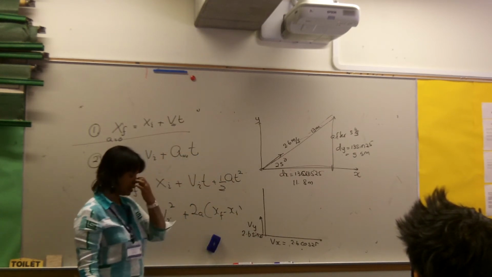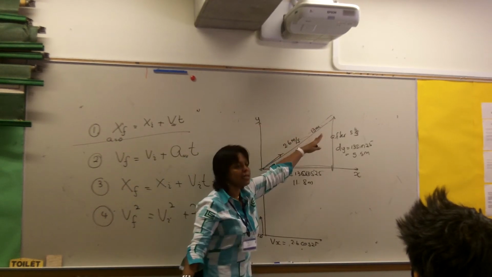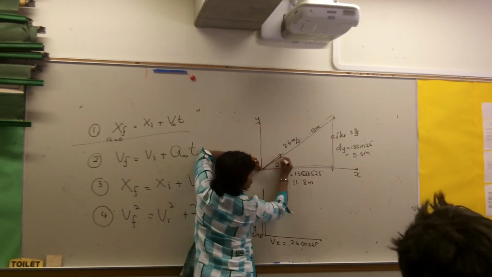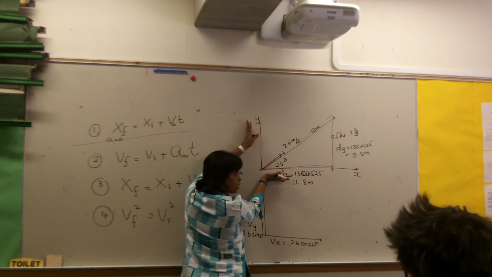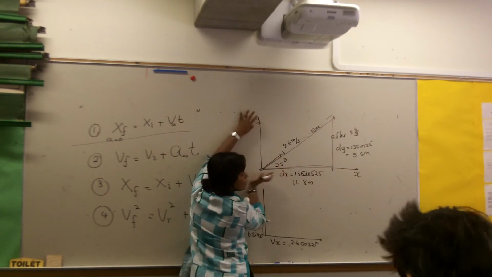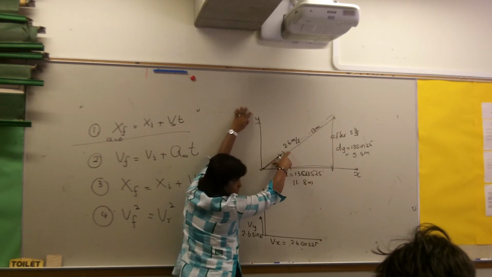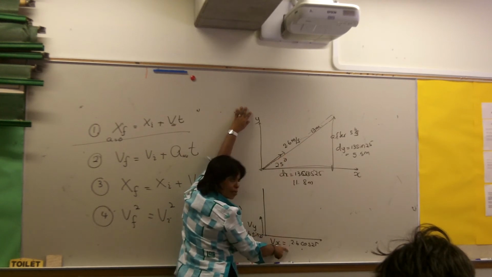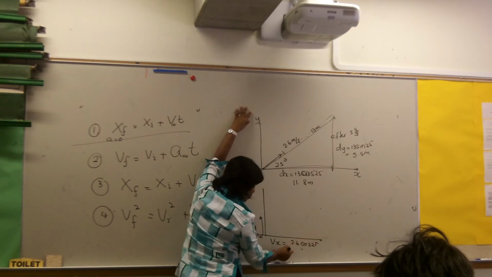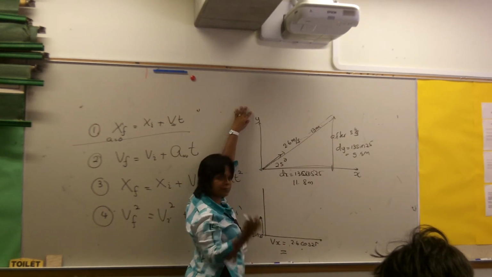Instead of calculating distance, because your velocity is in this direction, I am taking the component. If I am thinking about the x direction, I can say 2.6 times cosine 25.